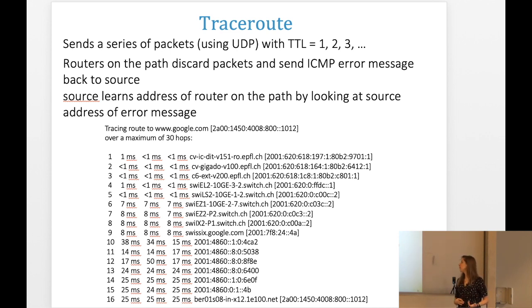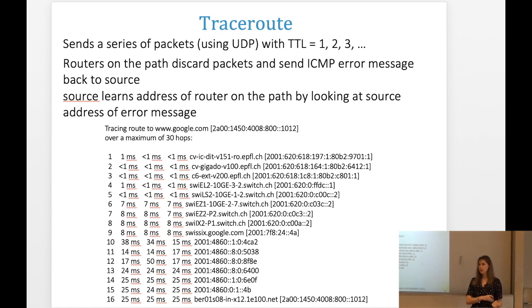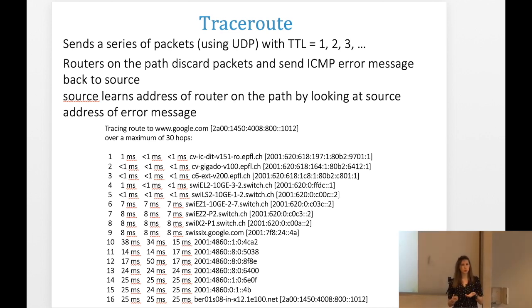Then the source will send the same message again, but this time with a hop limit of 2. It will go through the first intermediate system to the second one, who this time will also drop it and send back an error message. It goes on, and at the end, the source knows all of the intermediate systems that were used by your packets to access the Google servers.